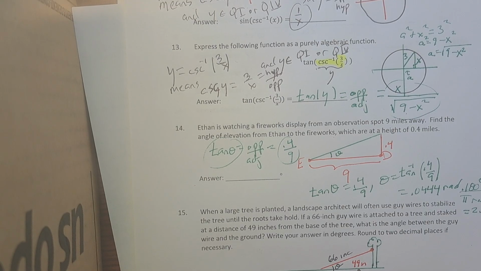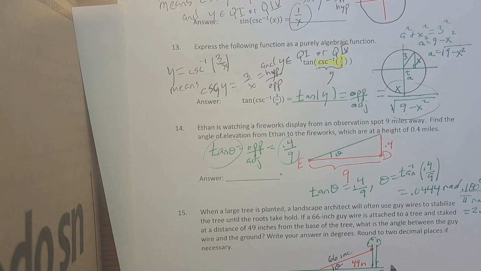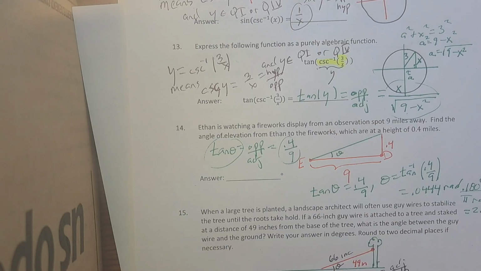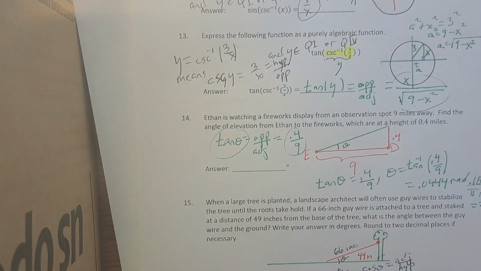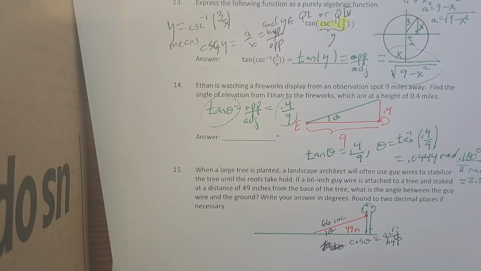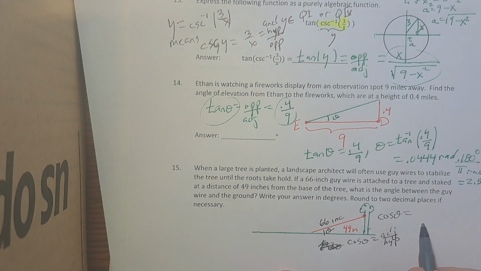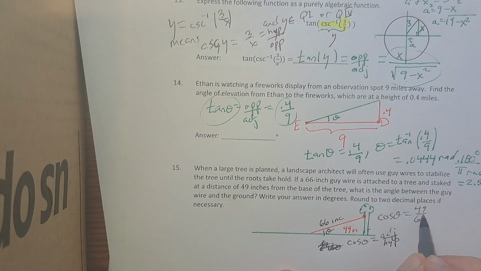I have an adjacent side and I have the hypotenuse, so I want to use cosine, because cosine is adjacent divided by hypotenuse. That makes cosine of theta equal to 49 divided by 66.